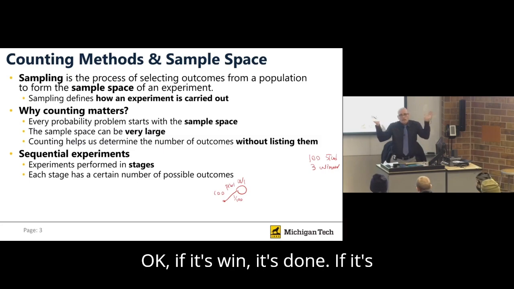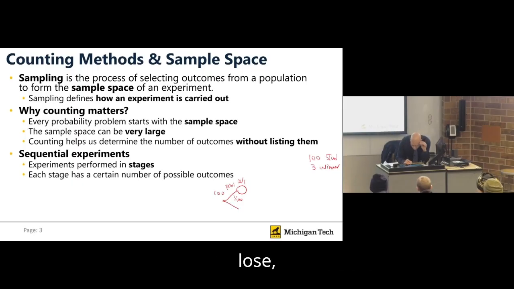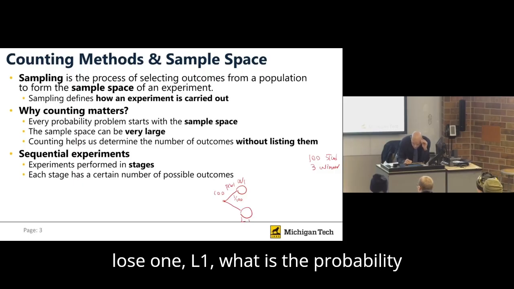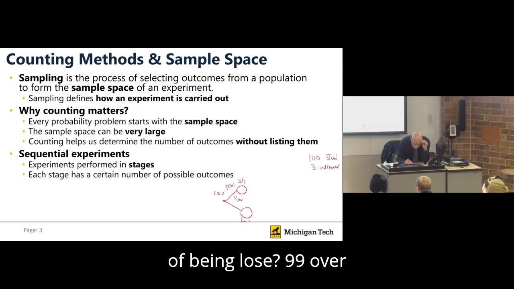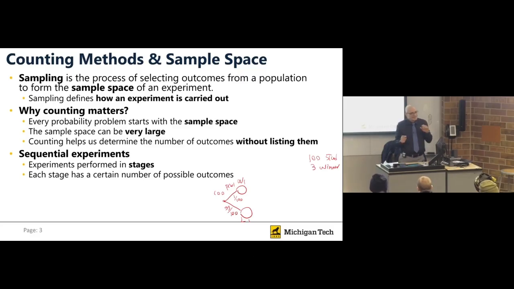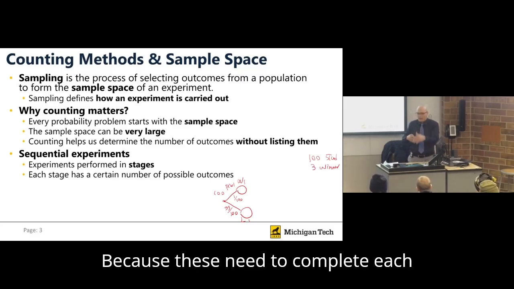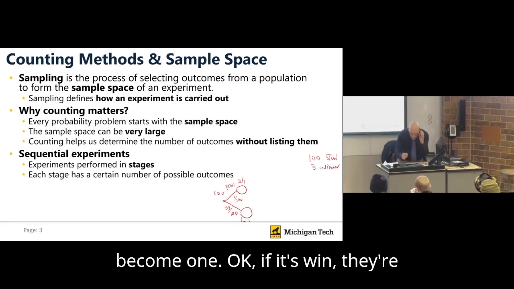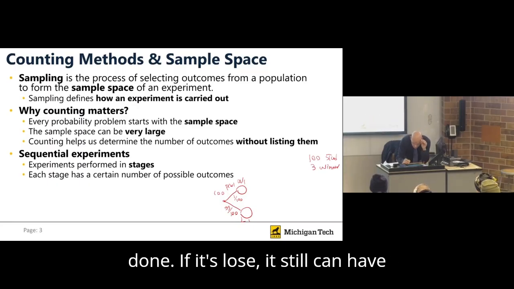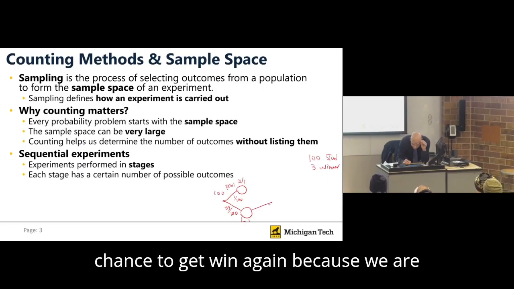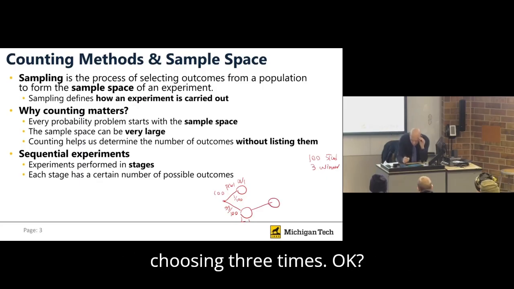If it's a win, it's done. If it's a loss, L1, what is the probability of losing? 99 over 100, right? Because these need to complete each other; they need to add together and become 1. If it's a win, they're done. If it's a loss, it still can have a chance to win again because we are choosing 3 times.